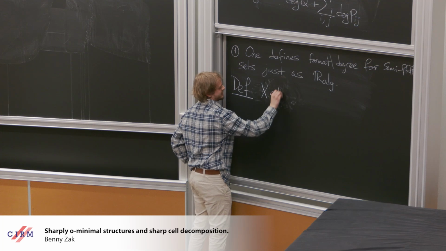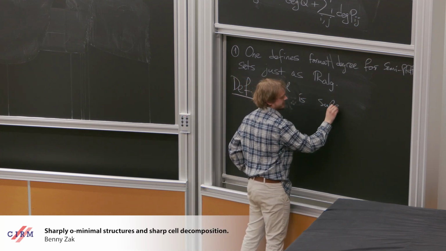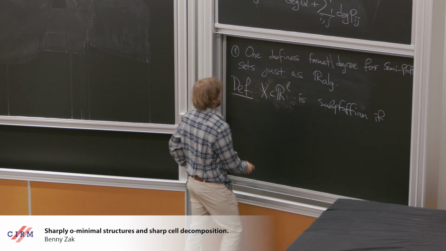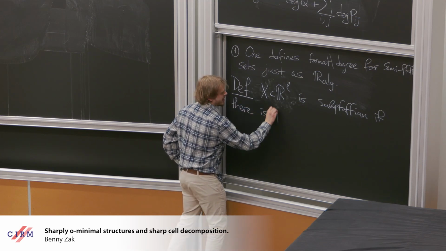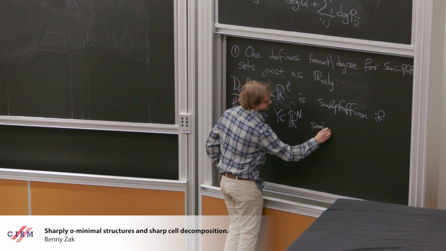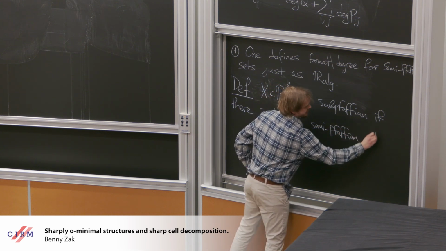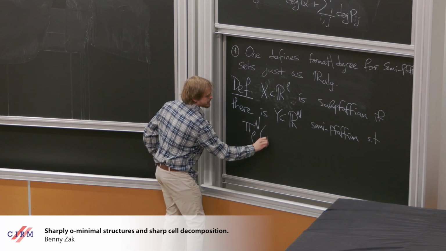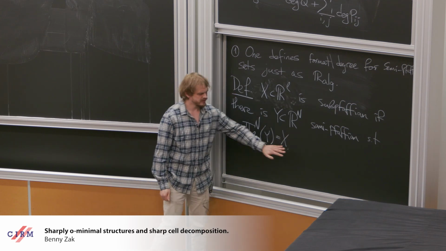X in R^L is sub-Pfaffian if there is a y in R^n which is semi-Pfaffian, such that the projection from R^n to R^L of y equals x.